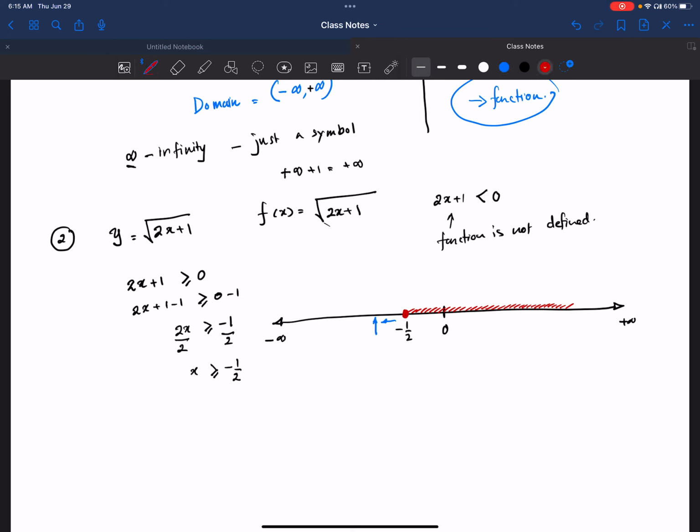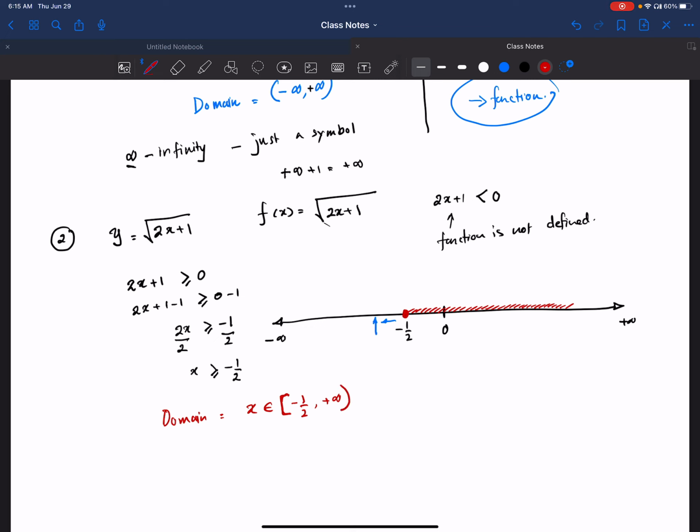So we have to pick our domain. Our domain in this case is equal to the values from negative half to positive infinity. We can say that x should be in between the closed bracket, negative half, to positive infinity.